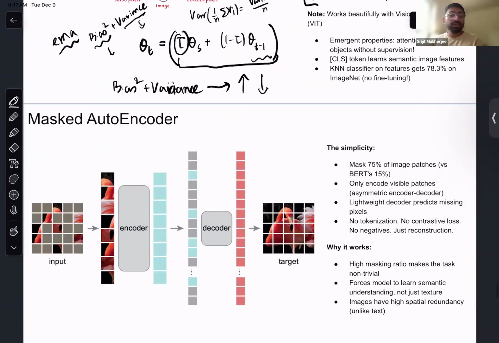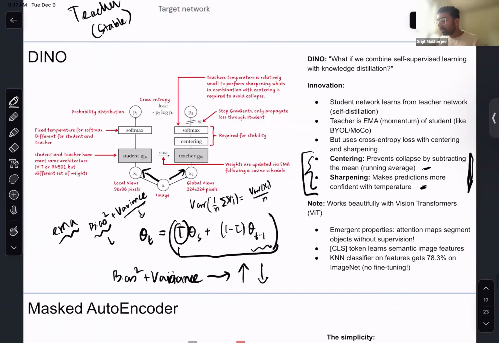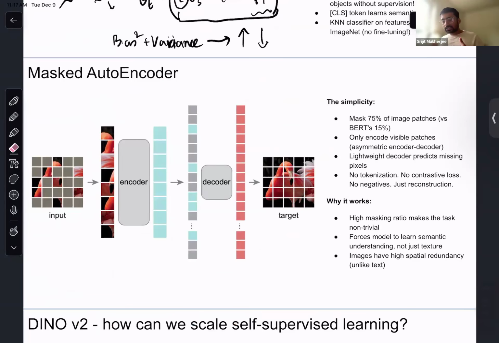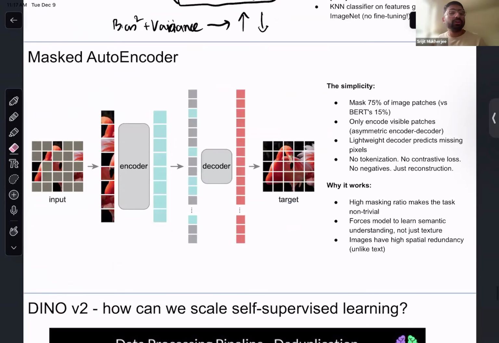DINO was in 2021. In the next year, or 2023, the masked autoencoder came. Remember the autoencoder we discussed initially, where we reconstruct the image. But they took the idea of masking from BERT, the language model, and masked the image at certain places.